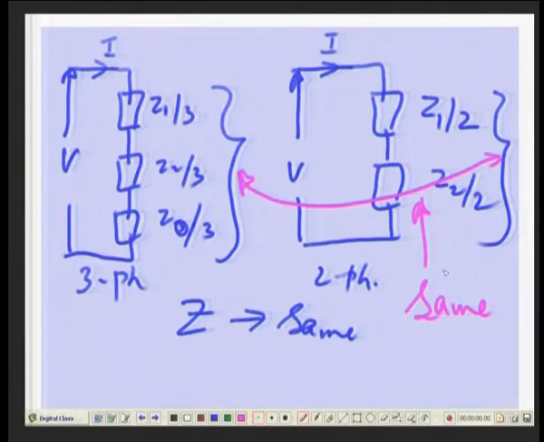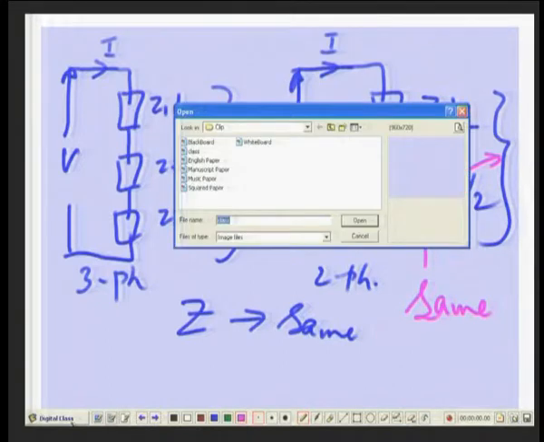So, where is the catch? There must be some catch here, right. See, in one case, you know what is Z1. You are aware this is Z1.